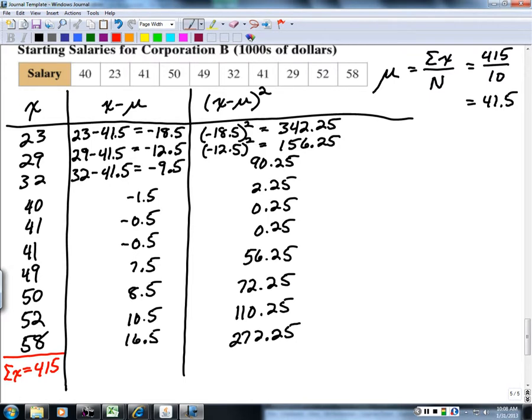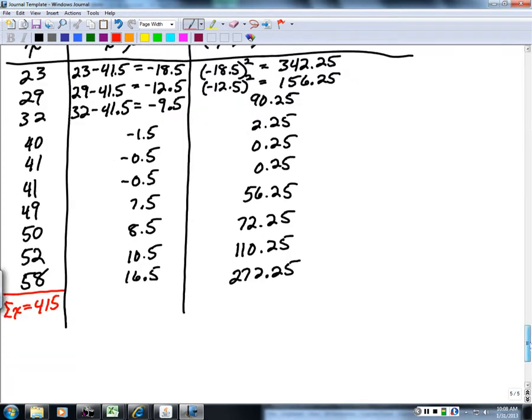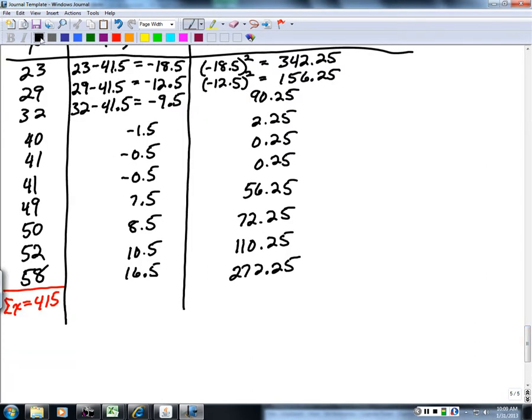Okay? So, this is my first step right here. This is my second step over here. This is my third step. And this is now my fourth step. My fifth step is going to be to add this column up. That's my sum of squares, my SS sub x, or just simply sigma of x minus mu quantity squared, however you want to write it.